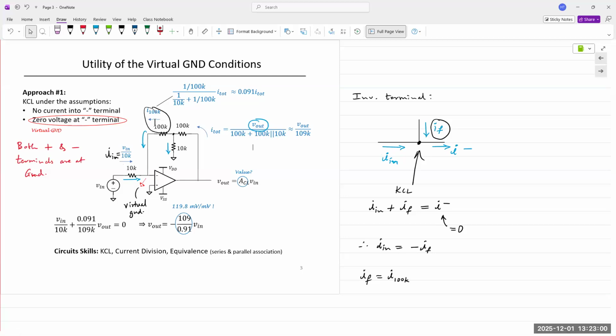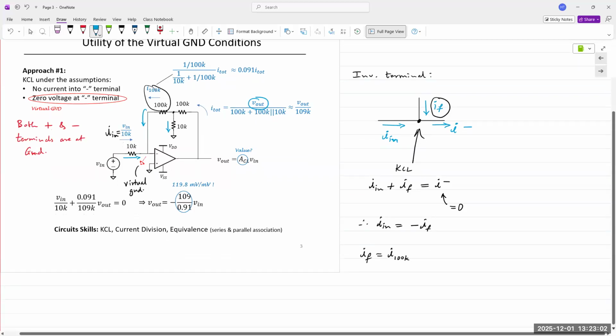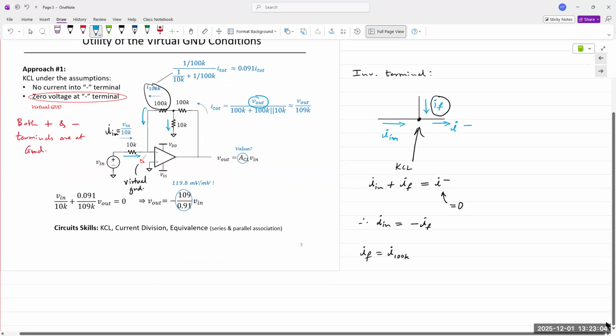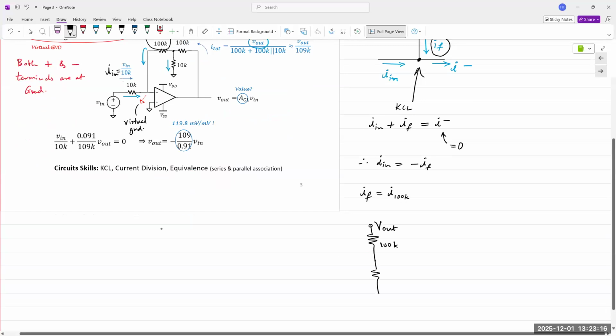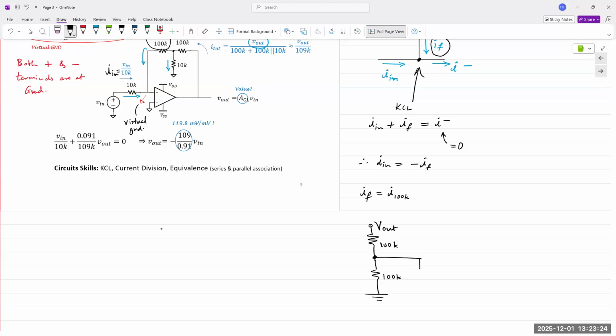That means we have a network that looks like this. This is the first 100 kilo ohm resistor. This is V out right here. This is 100K. This is the other 100K. That one is connected to ground. And then, of course, we have the 10K that is also connected to ground.